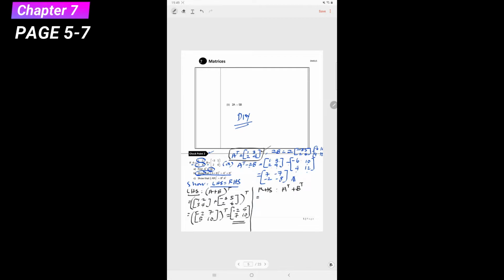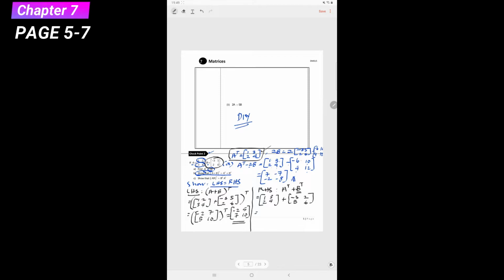So kita just perlu cari BT di sini ya, untuk kita tambah. Jadi kita salin dulu. AT is 1, 2, 3, 4. Okay, plus with BT. B, ini kita punya B. Okay, it means that we have negative 3, 5 as our column, 2, 6 as our second column yang kita sudah transpose. Okay, kita transpose dulu, baru kita tambah on the right hand side.